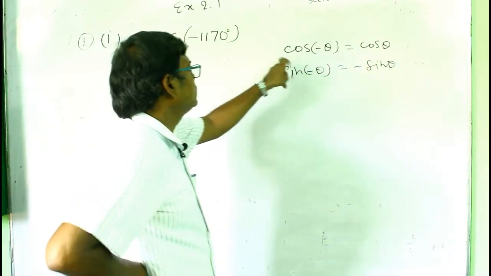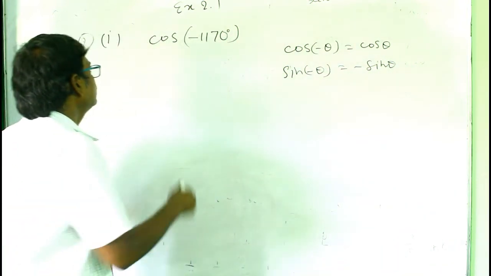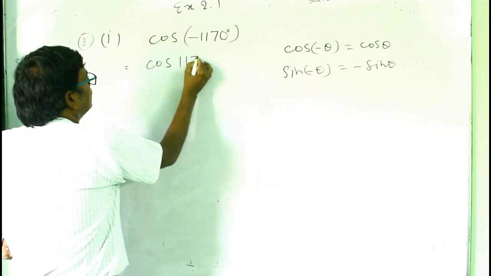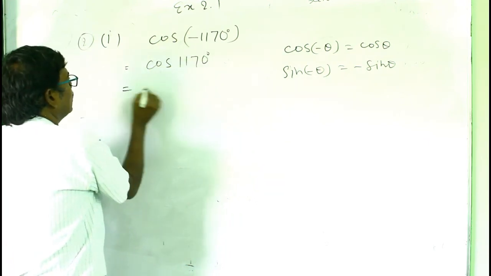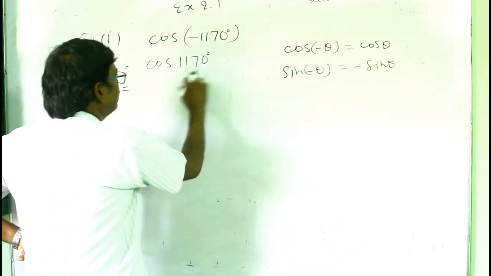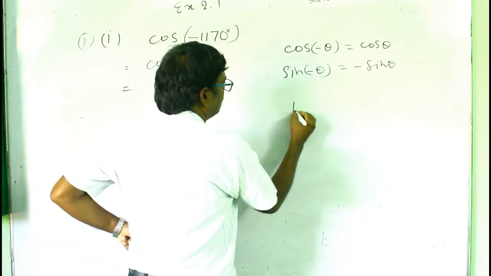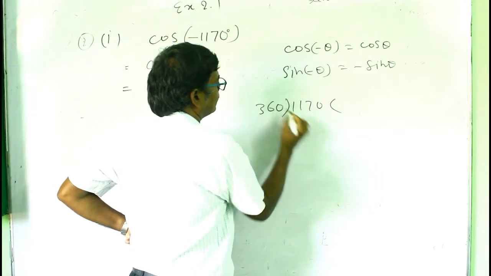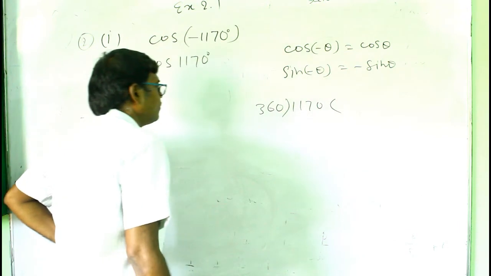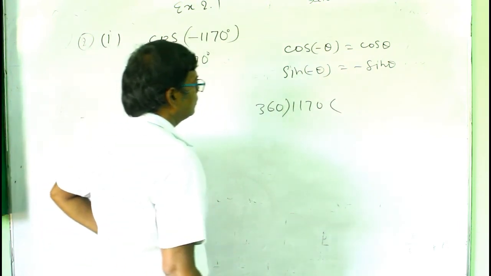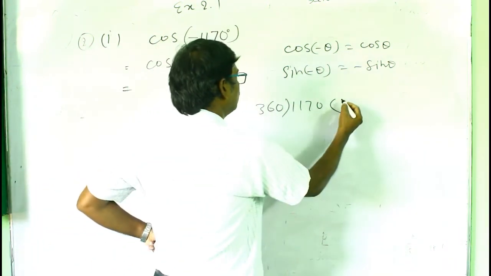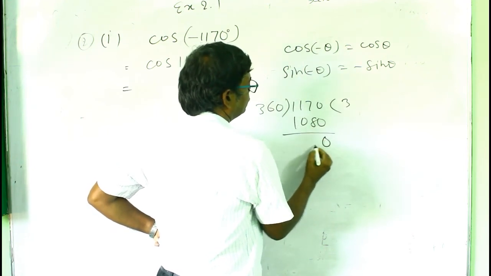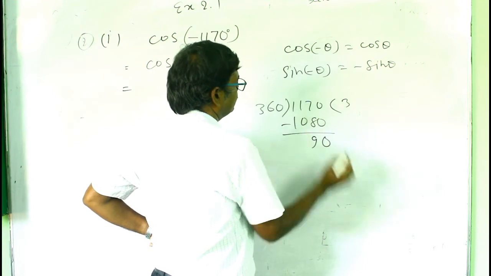So here I will use this. It is negative here, so because of this formula it will be cos 1170 degree. Now we have to find the value. If you divide 1170 by 360, how much will it be? 3 times 360 is 1080, so the remainder is 90.